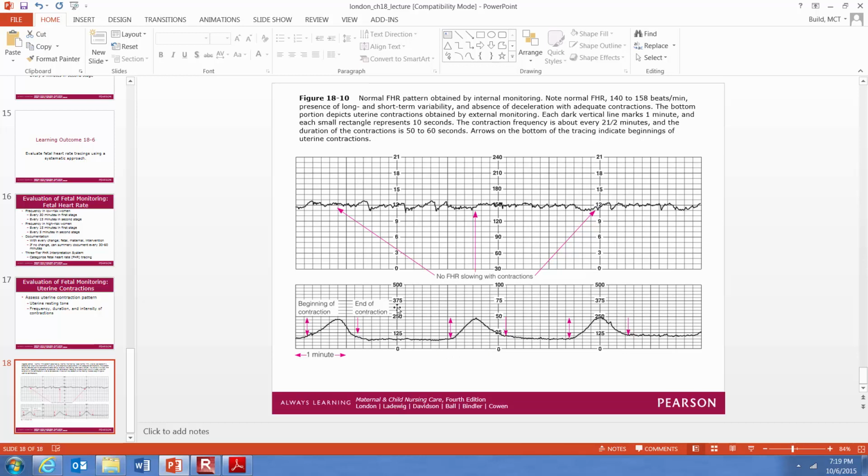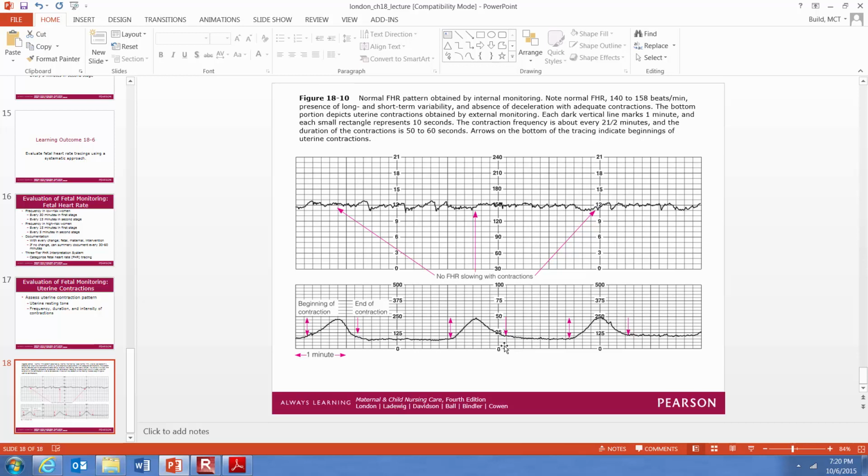Don't disregard these numbers right here. We're not going to talk about those at all. These numbers right here, 0, 25, 50, 75, those are millimeters of mercury measurements, pressure, okay? So we want our uterine resting tone. Each one of these blocks is 5 millimeters of mercury.